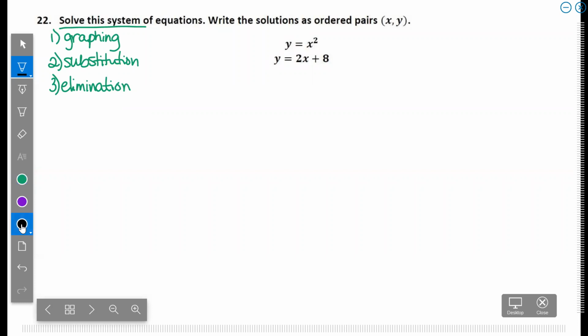If they don't give you a graph, I probably wouldn't use solving by graphing. To use solving by substitution, I want either x all by itself on one side, or I want y all by itself on one side in at least one of my equations. Do I have anything that looks like that? Then I would choose the substitution method.